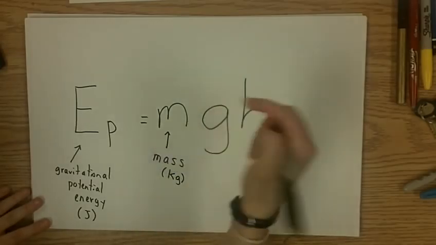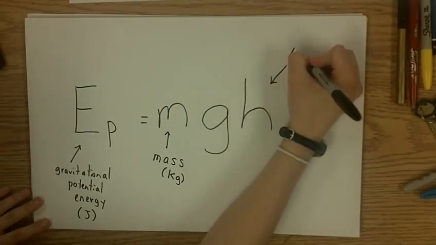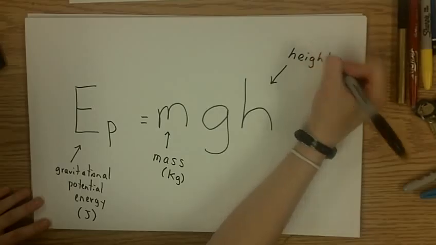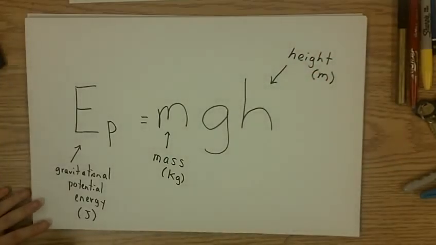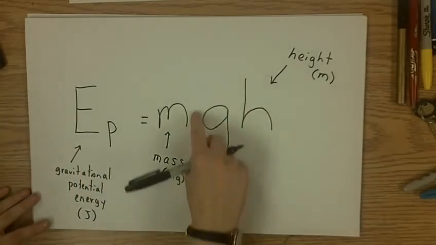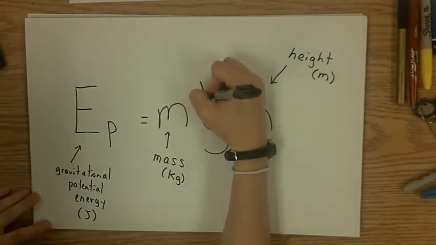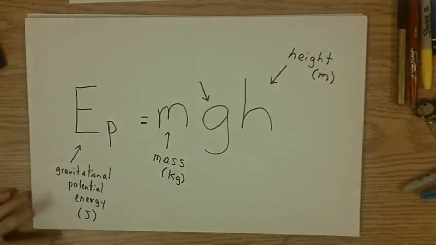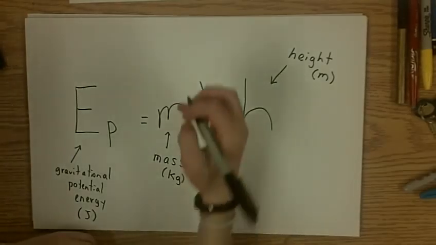We'll skip the G for a minute because I want to tell you the height is h. Height is a type of distance, so it's given in meters. So we have m for mass, h for height. This little g is a constant. A constant is any part of a formula that always has the same value no matter what.